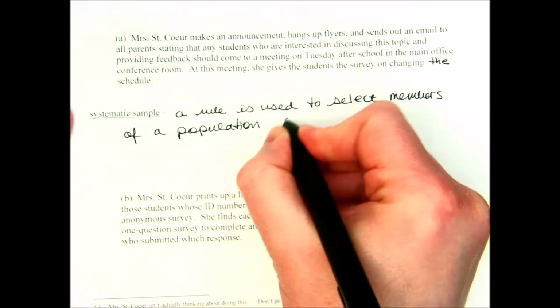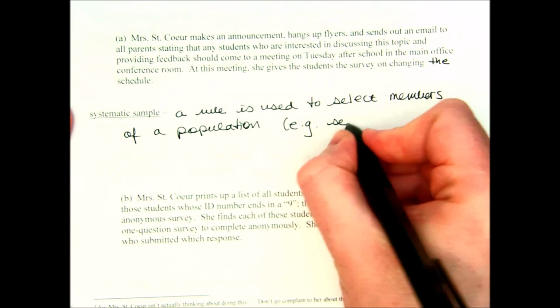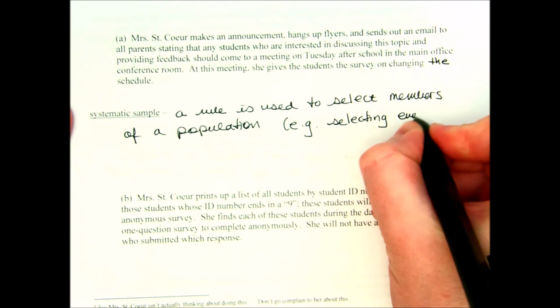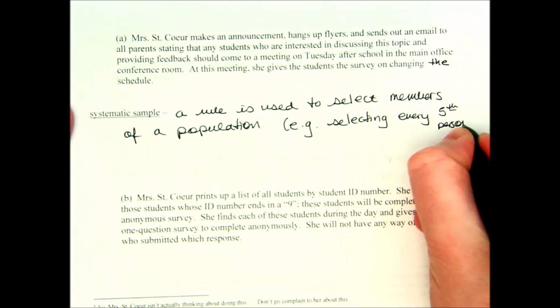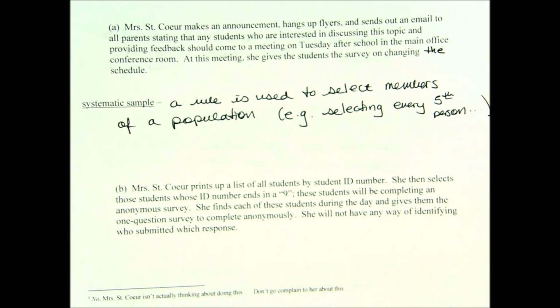By rule, something like choosing every 5th person or something like that. In a systematic sample, a rule is used to select members of the population, maybe like picking every 5th person.